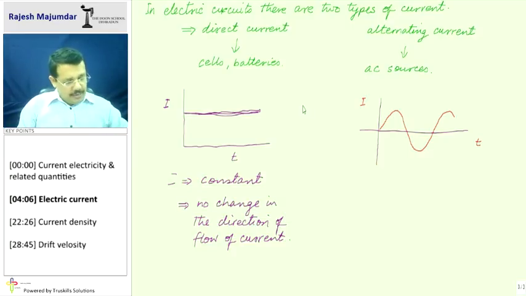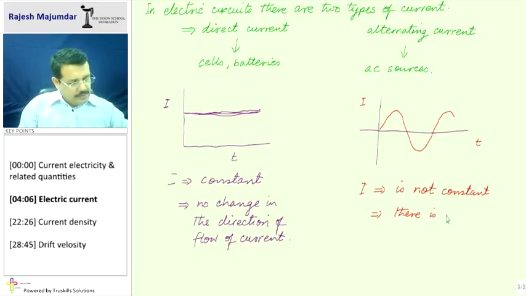So this type of changing current flows through the wire, and that is why it is named alternating current. Here we can write comparative points: I is not constant, and there is change in the direction of flow of current.